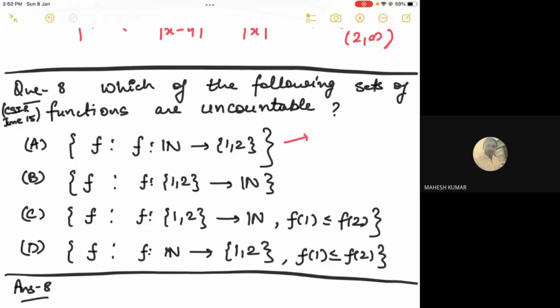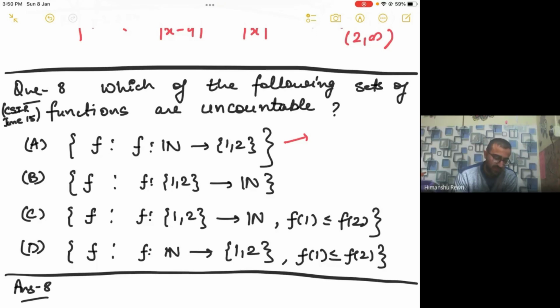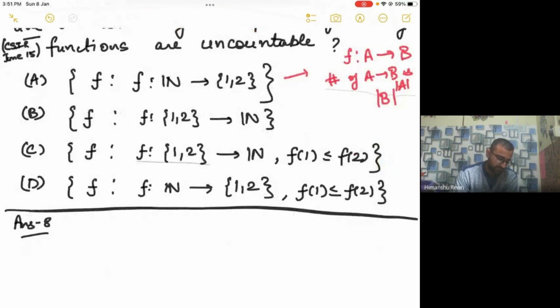So in general, for any sets, if we are given a function from A to B, then the number of functions from A to B is cardinality of B raised to the power cardinality of A. This is very easy to prove.